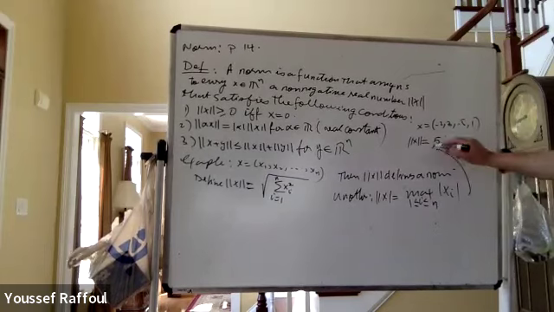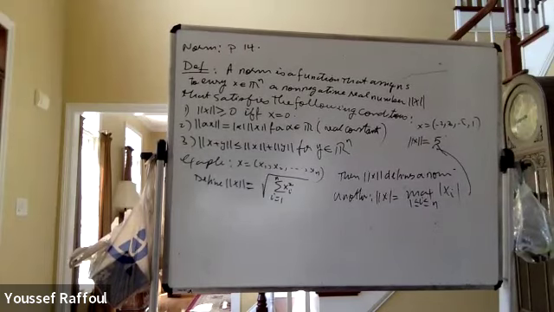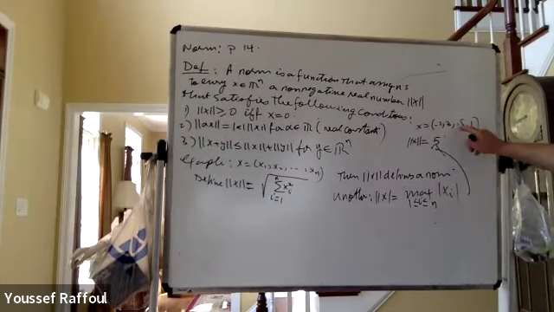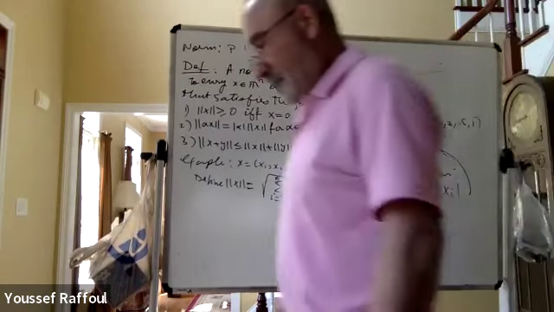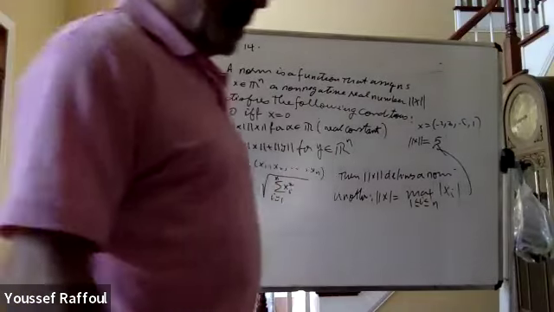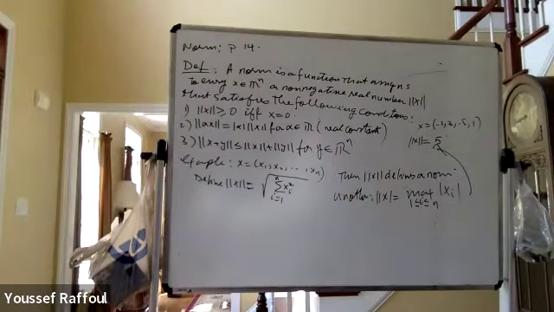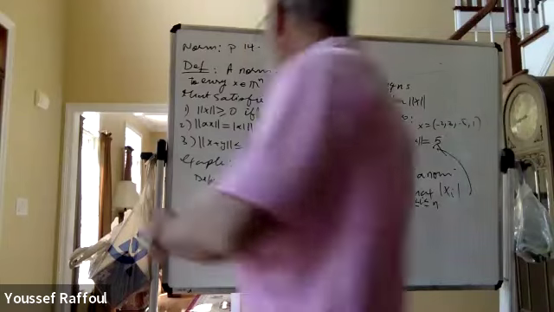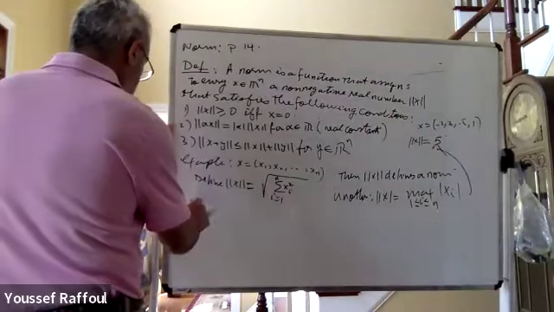Because remember, you're taking the absolute value, so this is the biggest one. And there are other norms that I need you to look at in the book. I'm redoing this because there is a homework problem related to that. We will be working with norms a lot.